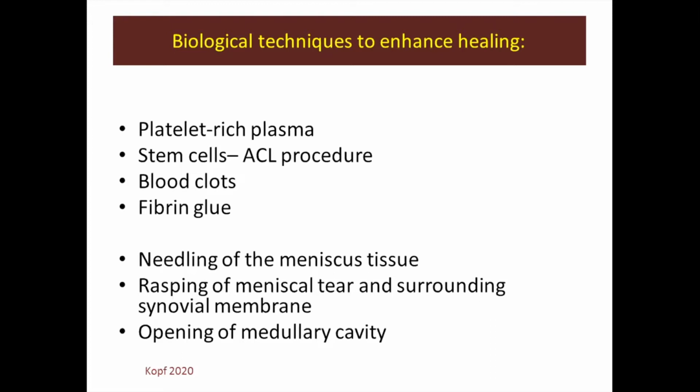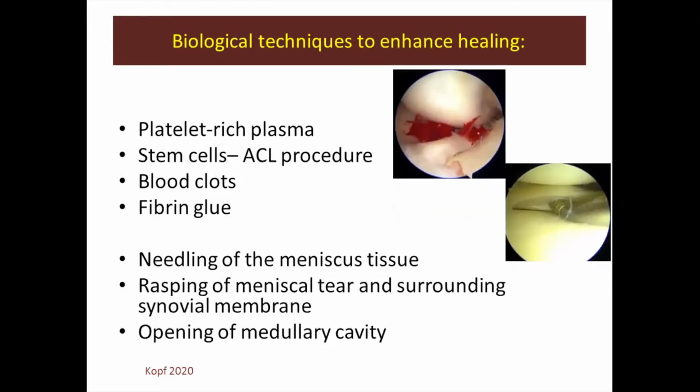The other procedures would be needling of the meniscus tissue, which has also been discussed earlier, rasping of the meniscal tear, and opening of the medullary cavity. So these are the procedures that are shown in the pictures, putting of the blood clots as well as the rasping of the tears.